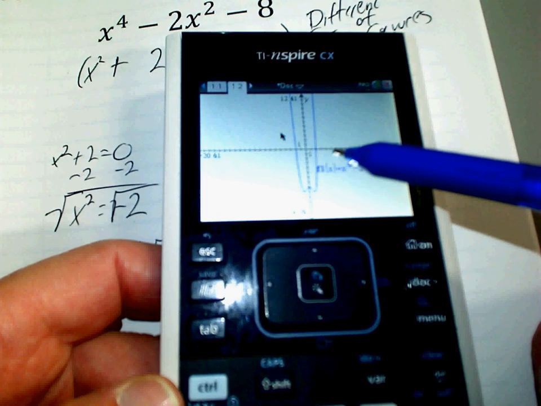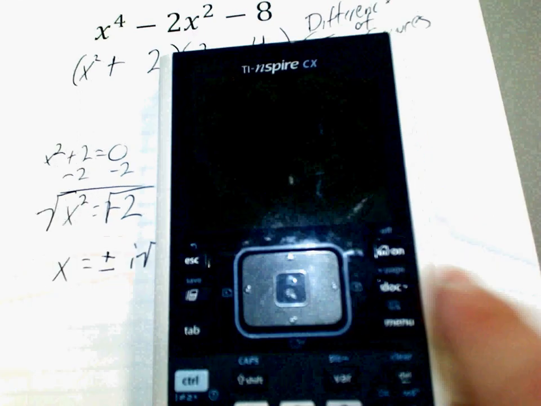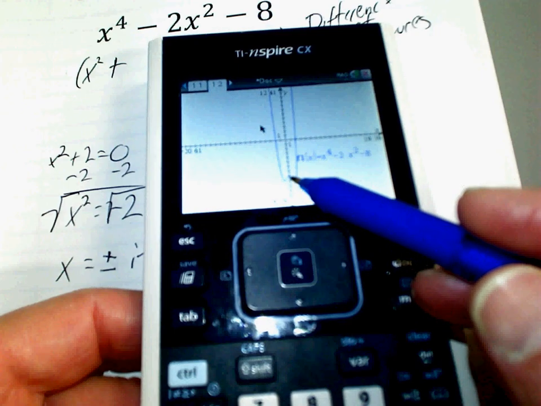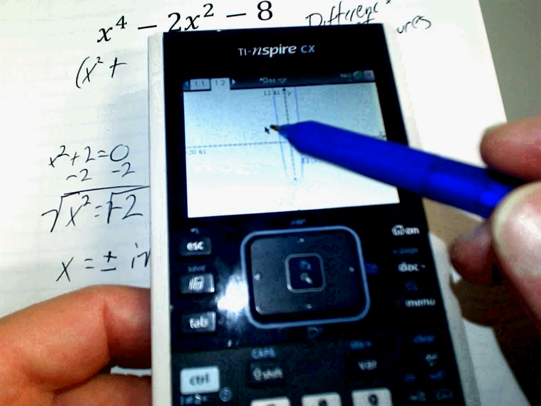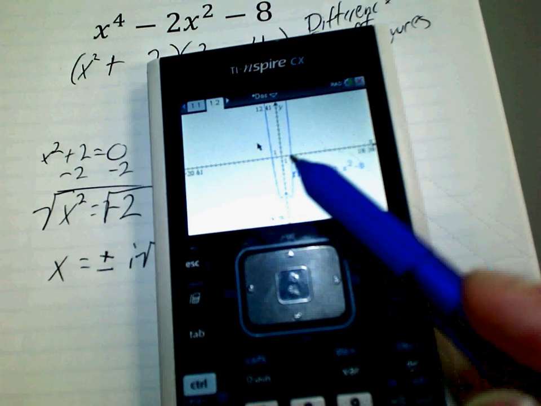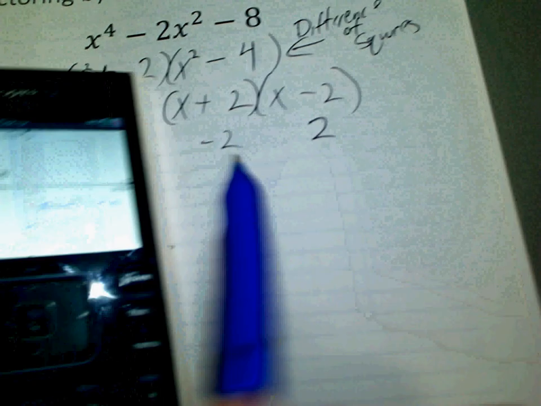If that little quartic signature would have been higher. But as we noticed, it did not. Where did it cross the x-axis? Probably at -2 and 2.